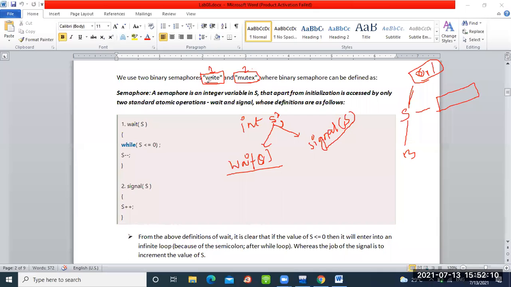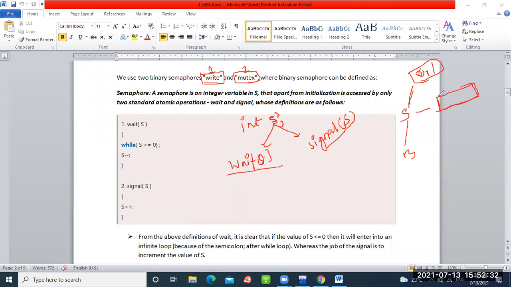So before using these, let me explain what you mean by semaphore. A semaphore is nothing but an integer variable. Suppose I write int S. Now I can say S is my semaphore. Since it is an integer variable, it is going to store integer values.